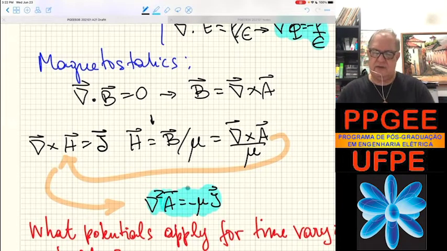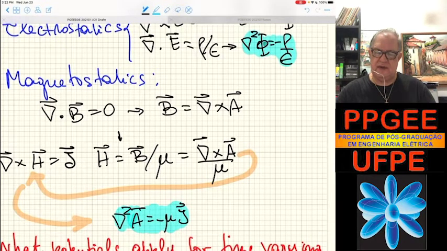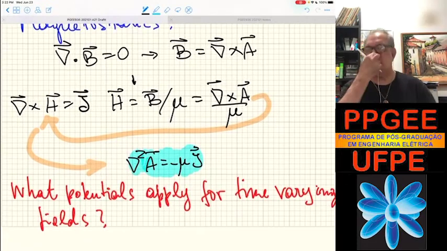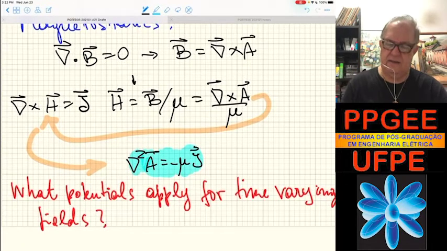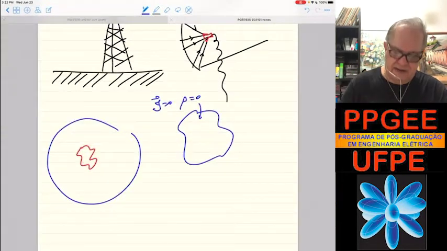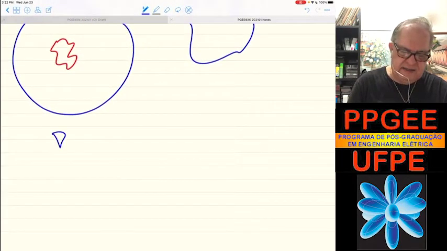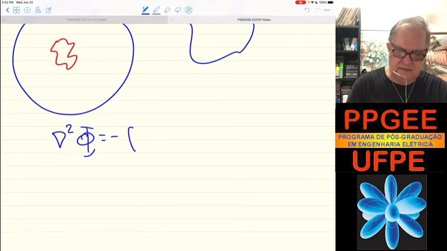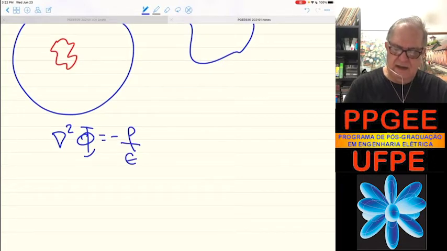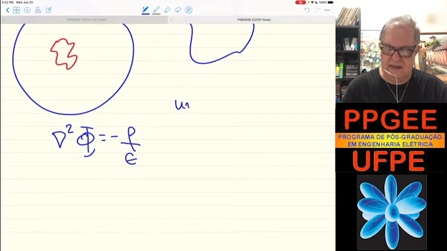It is similar to the scalar Poisson's equation. The only difference is that phi is replaced by the vector A, and rho is replaced by the vector J. Similar equations. We know how to solve these equations in unbound media. Let's just recall that because we are going to use that information. So an equation like this in an unlimited domain.